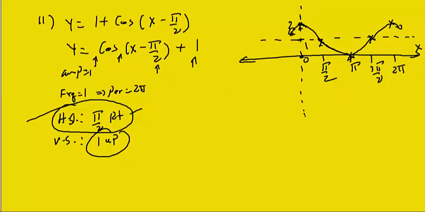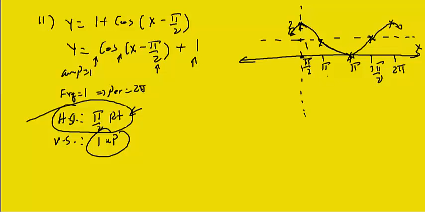I got to add pi halves to the right. So pi halves to the 0 is going to give me pi halves there. Okay, this is going to be pi over 2. Of course, when I add pi halves to pi halves, I get pi.